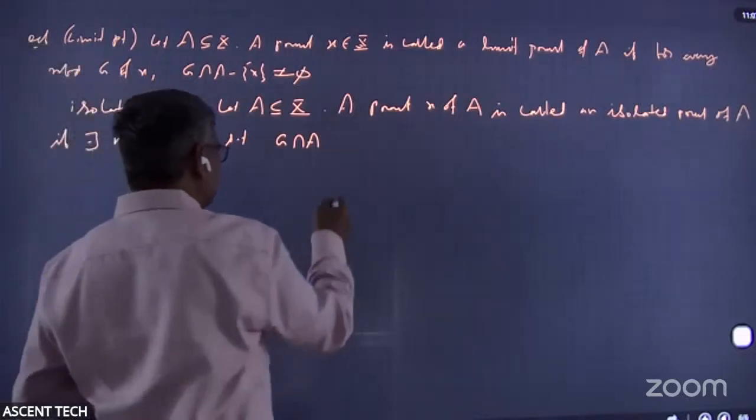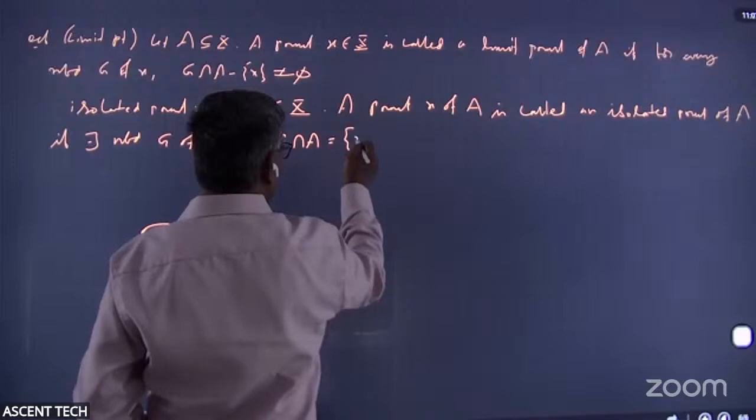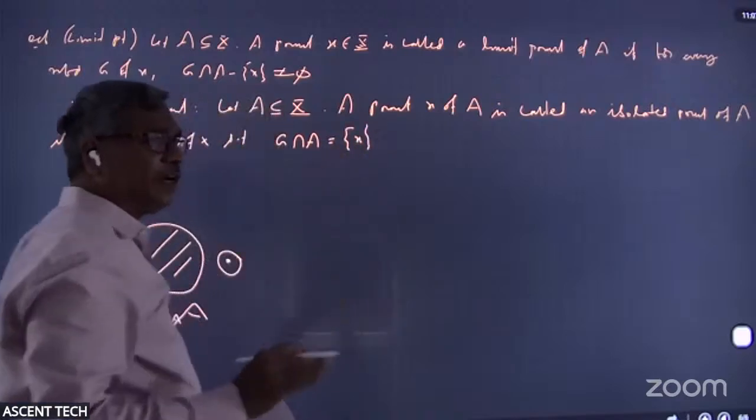G intersection A is just that singleton element and nothing else. So that point is isolated.